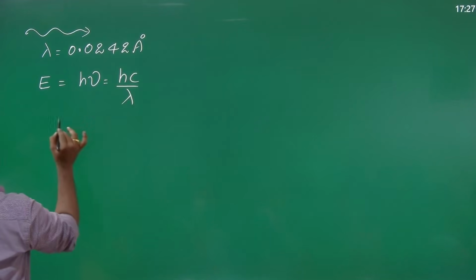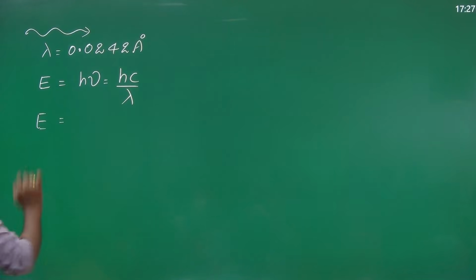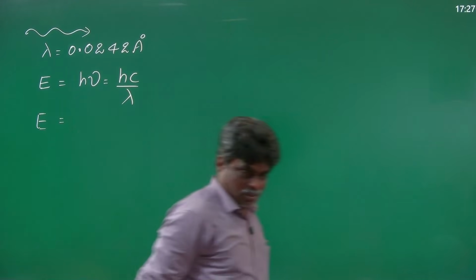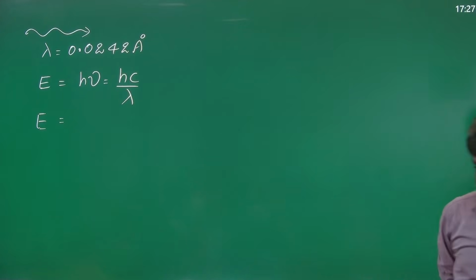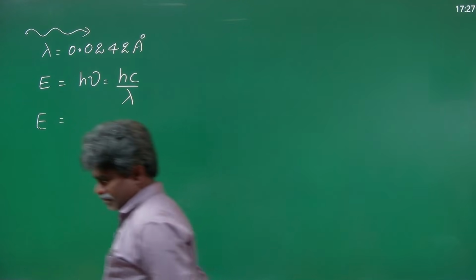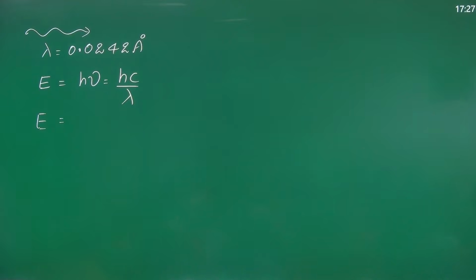Energy is hc by lambda. If lambda is given in angstroms, use the hc value 12,400. Without a calculator, please try to cancel. It's impossible, huh?